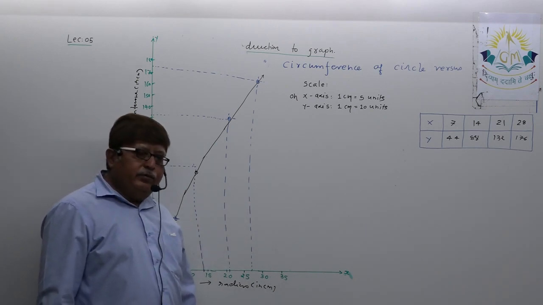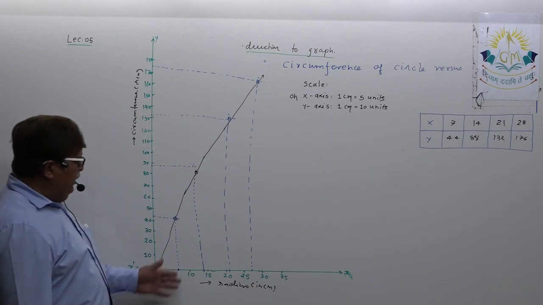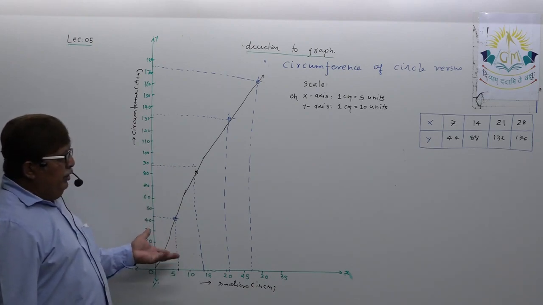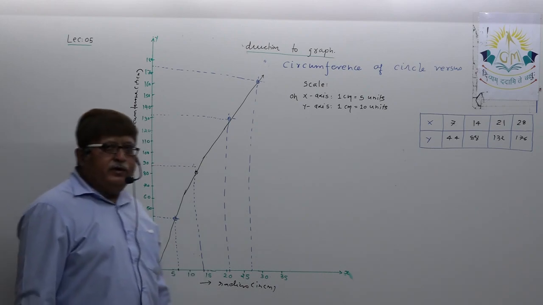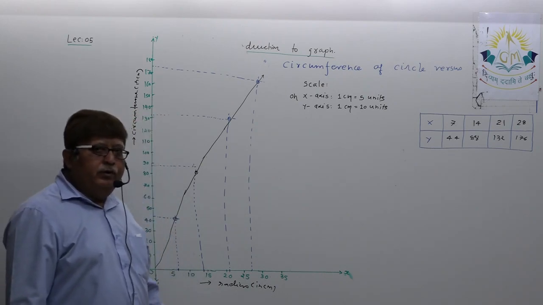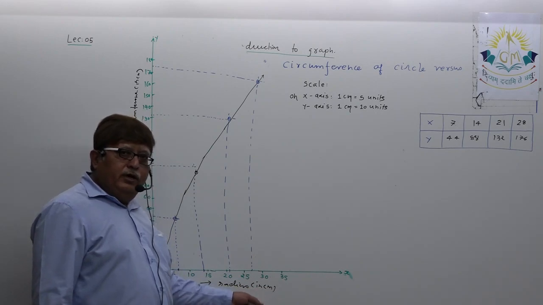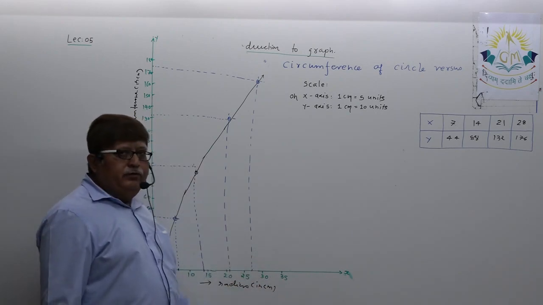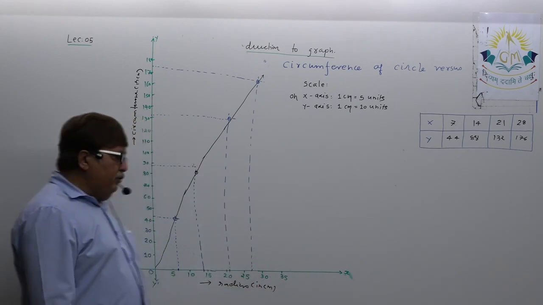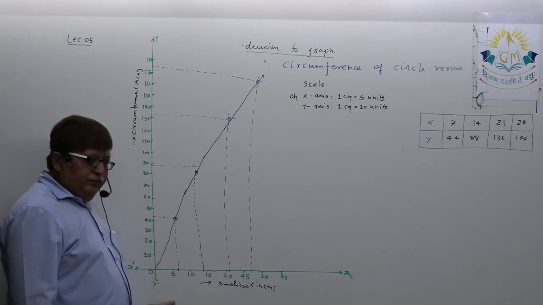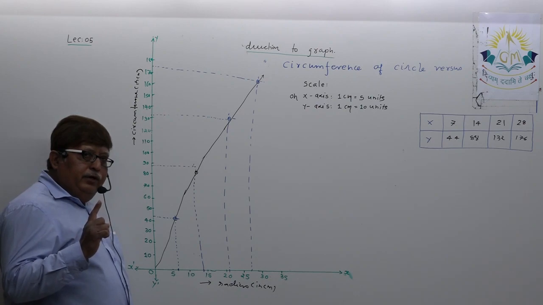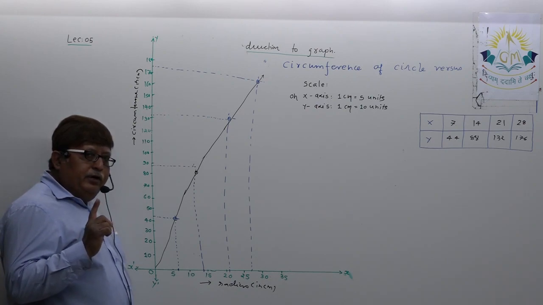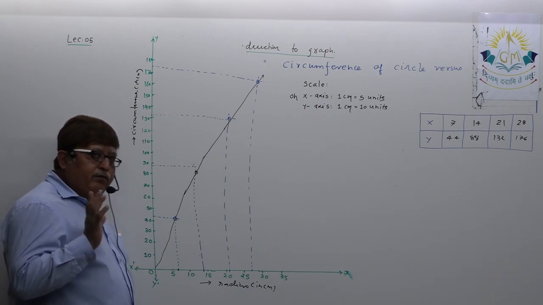That was the purpose. And also the main purpose was to take one such example where the scale factor is going to be involved on both the axes, x axis as well as y axis. Dear student, you have to be very conscious regarding scale factor.